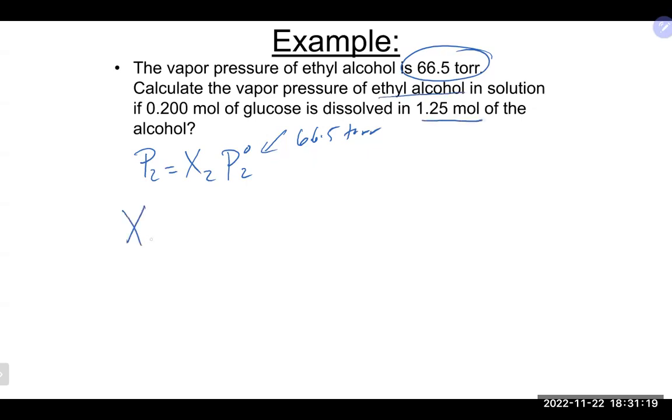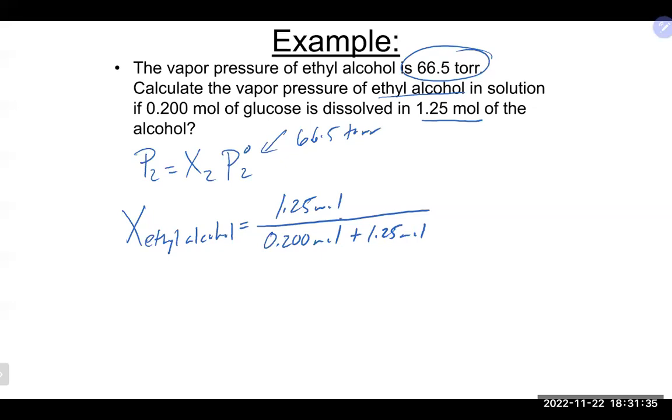So our mole fraction of the ethyl alcohol, or ethanol, would be 1.25 moles divided by our total moles, in this case 0.2 plus 1.25, which gives you 1.45. So 1.25 divided by 1.45 will give us about 0.8621, about 86%.